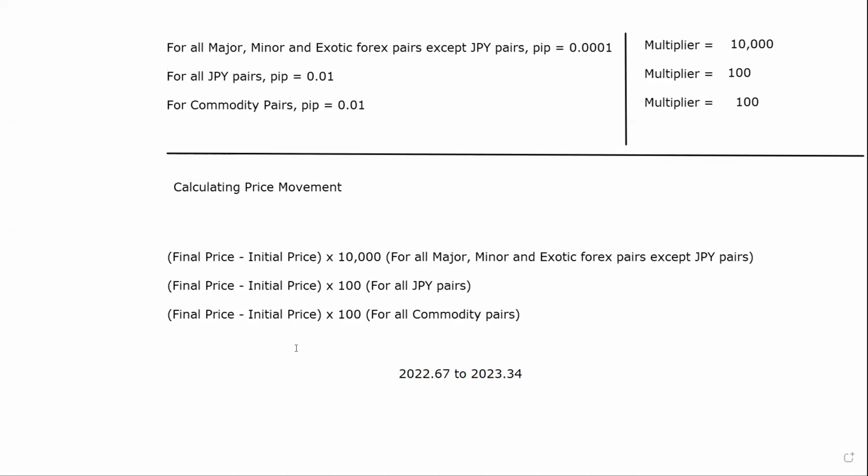And now this corresponds to XAU USD, which means we're going to use this formula, which is for a commodity pair. Okay. So now we're going to calculate the final price and the initial price. This is initial price. This is final price. So we can write down here as initial and here as final. So the formula is final price minus initial price multiplied by 100, pretty simple.